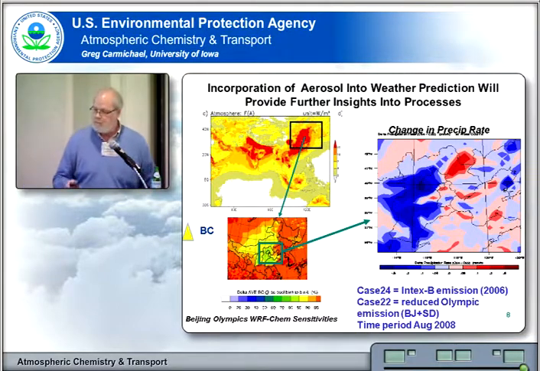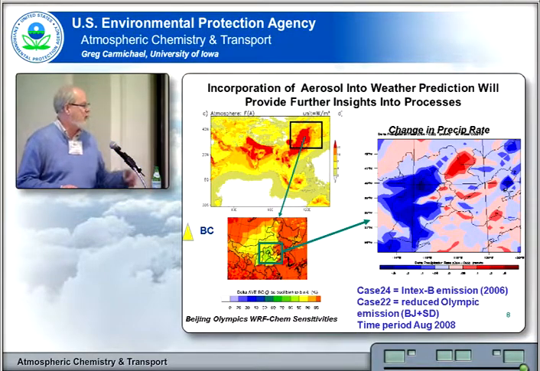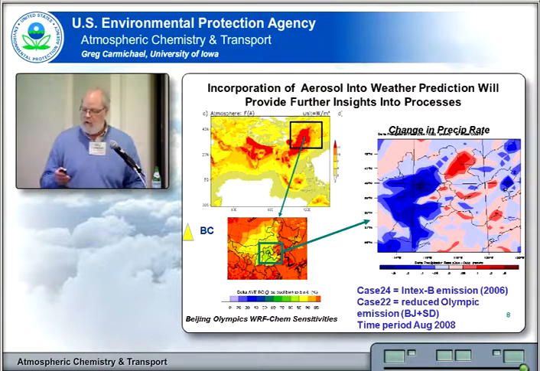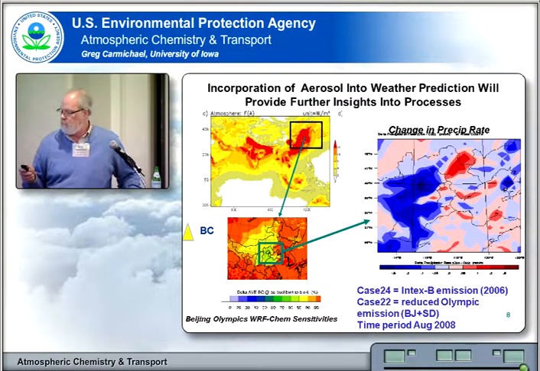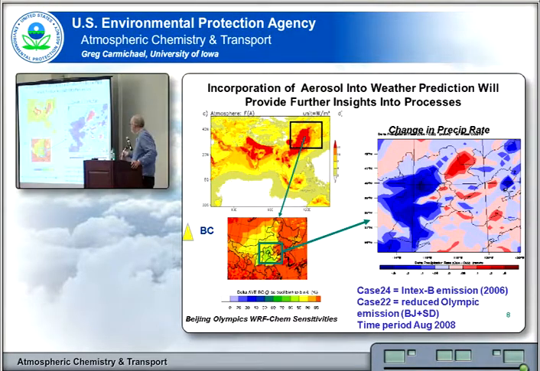That's going to give us much more capability of understanding the processes and many more statistics to look at these effects. This is a result we've been doing for the Beijing Olympics, a very strong perturbation in aerosol distributions, using WRF-Chem as a sensitivity experiment. Through this slide we can see some very large perturbations on stability, but also precipitation.